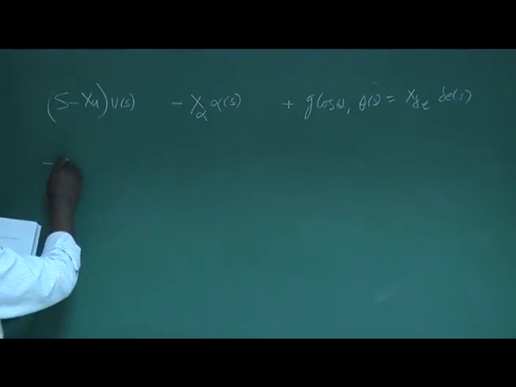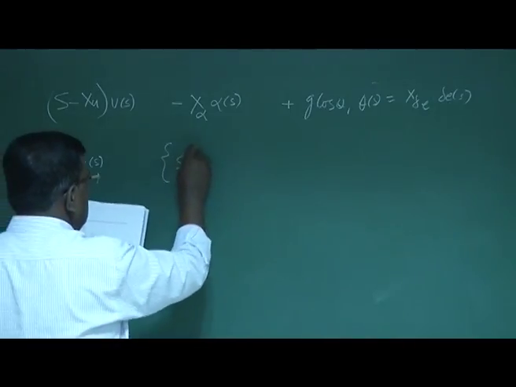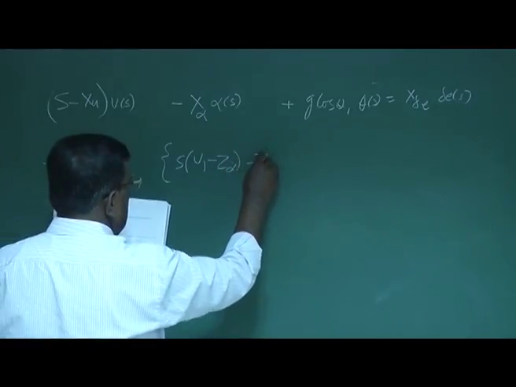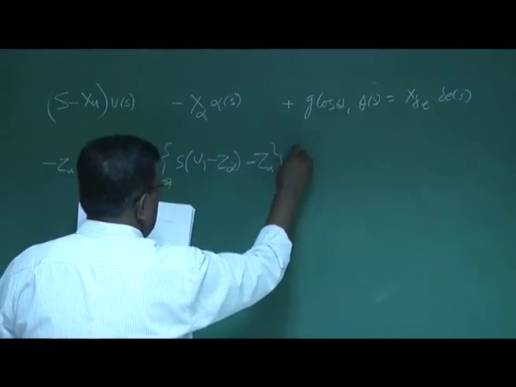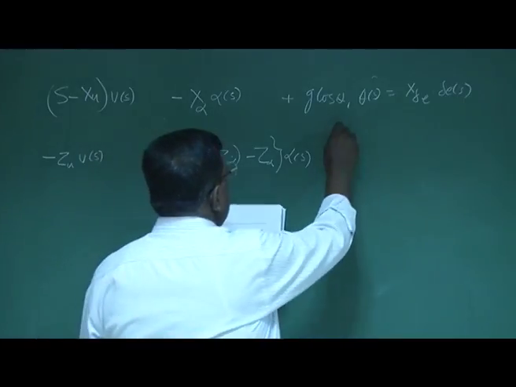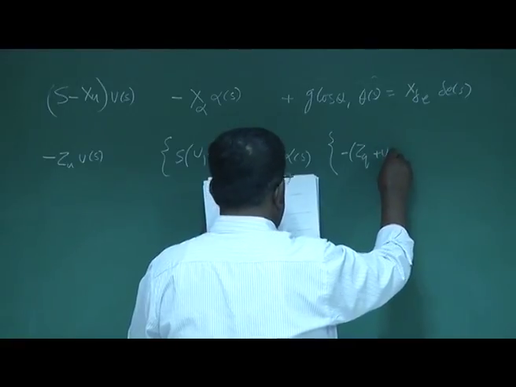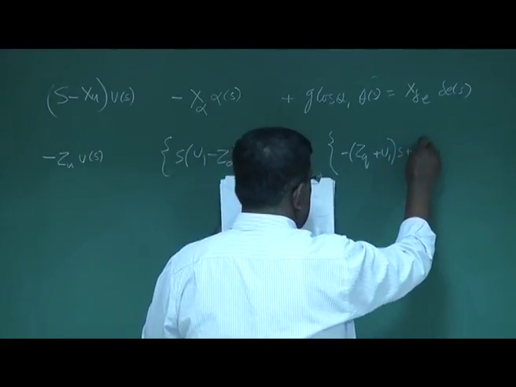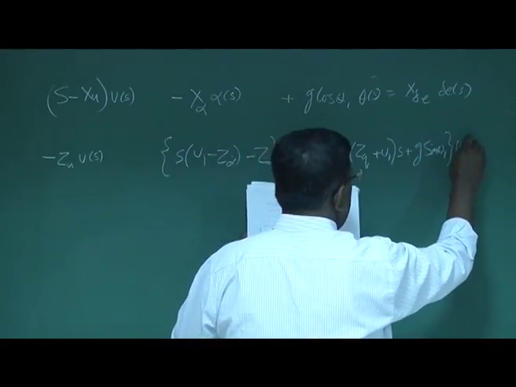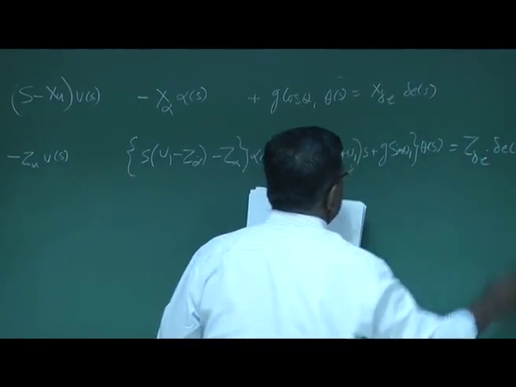The second will be minus zu into u of s, then s u1 minus z alpha dot minus z alpha into alpha of s. The third term, another big term, will be minus zq plus u1 s plus g sine theta 1 into theta of s equal to z delta e into delta e of s.